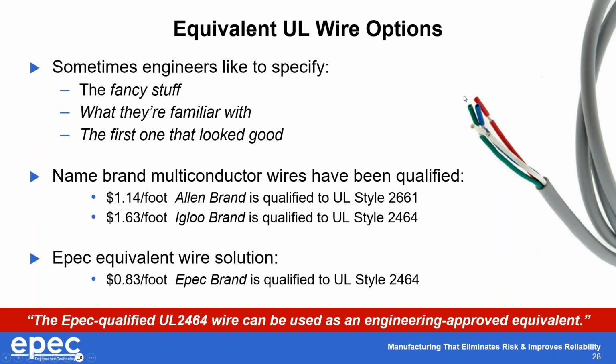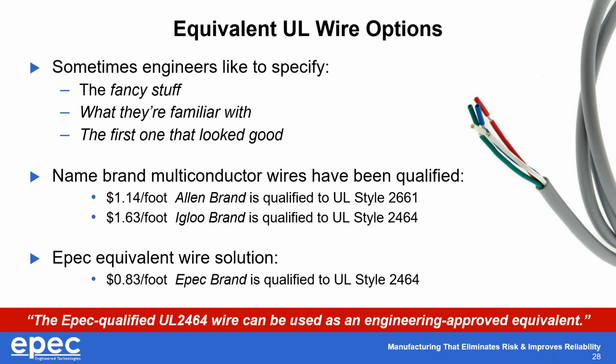So as we said, what prevents us from using equivalent wire all the time? The truth is, engineering at our customers will specify what they need. And there are times that they don't choose the best option for the program. A lot of reasons for that. As an engineer myself, I know we like to spec in the fancy stuff, right?